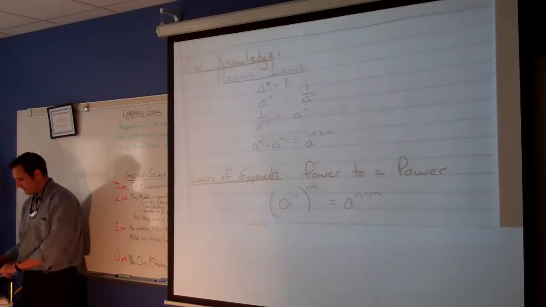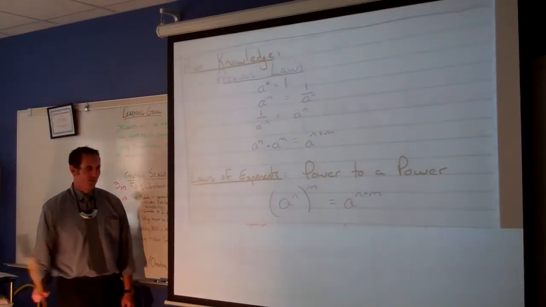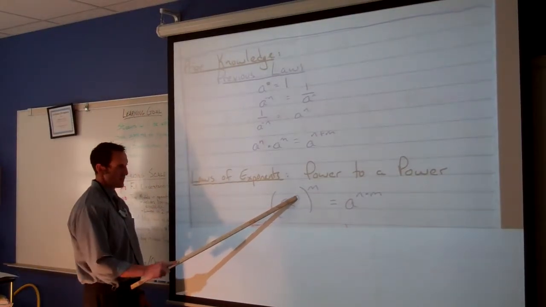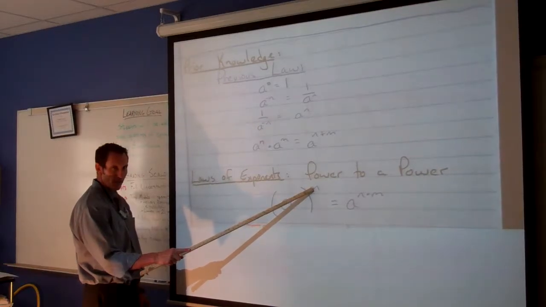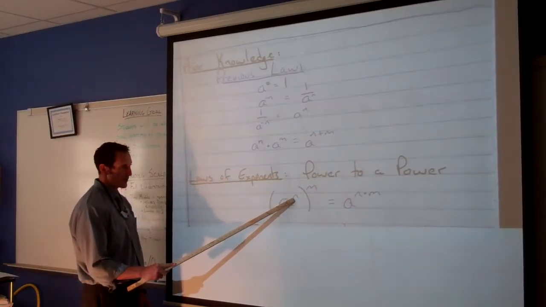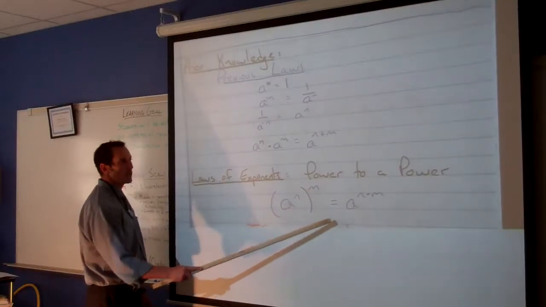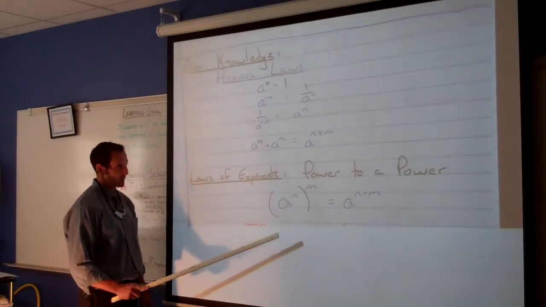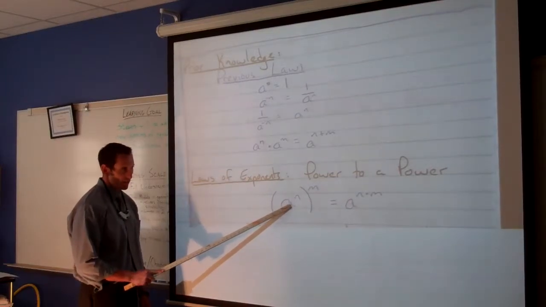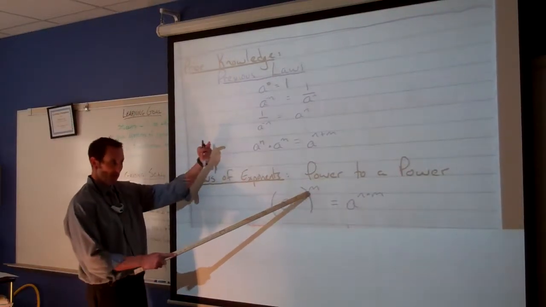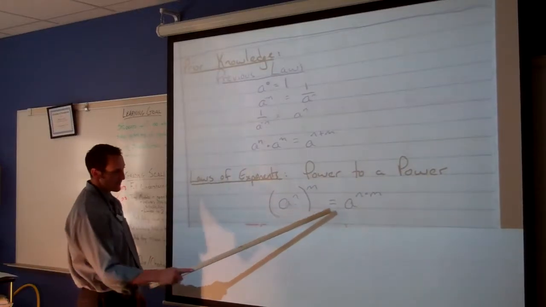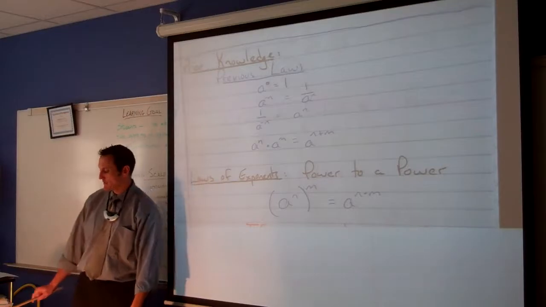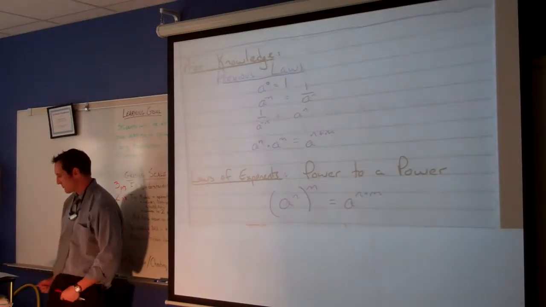Whenever you raise a number with an exponent to a power, you keep the base and multiply the two exponents. So you have to know the difference between that and the multiplication rule.